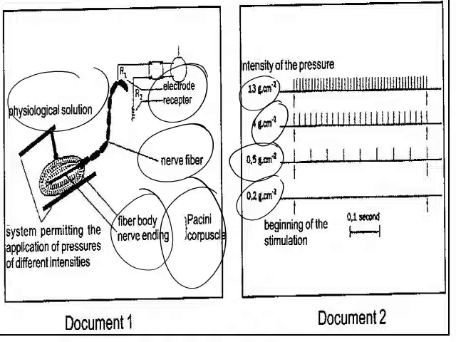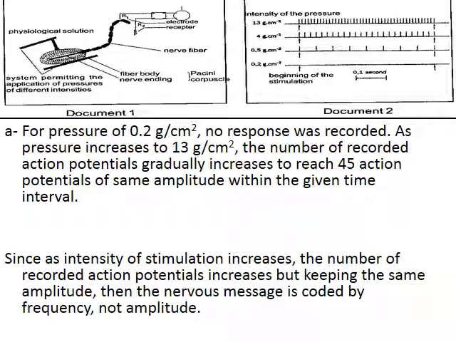So the first action potentials have the same amplitude, but they differ in frequency. For a pressure of 0.2 gram per centimeter square, no response was recorded. As pressure increases to reach 30 gram per centimeter square, the number of recorded action potentials increases to reach about 45 action potentials of the same amplitude within the given time.